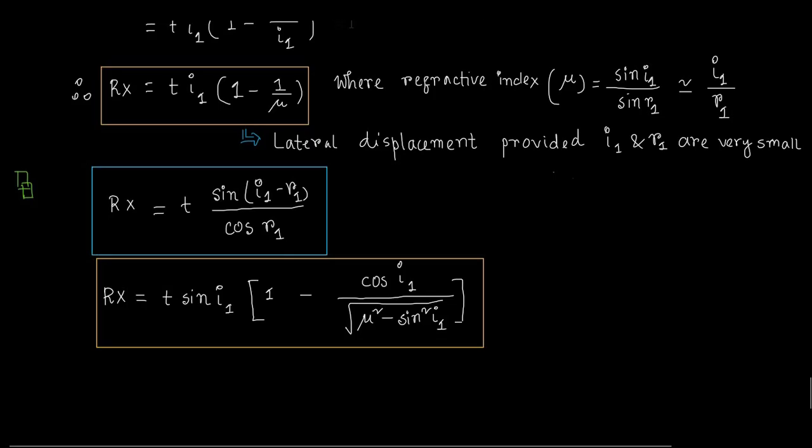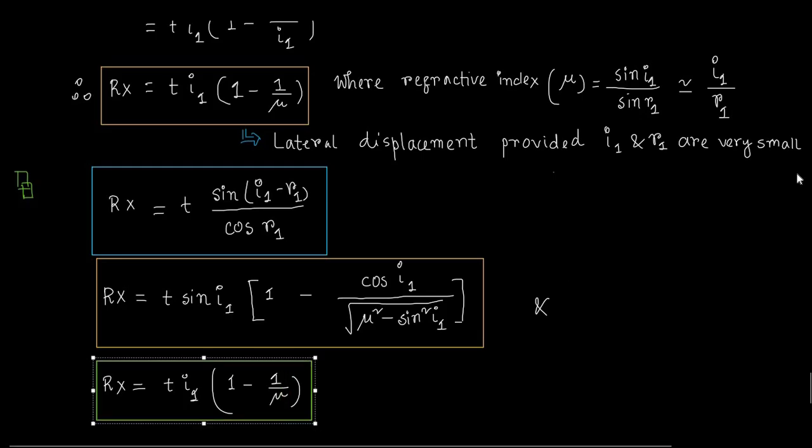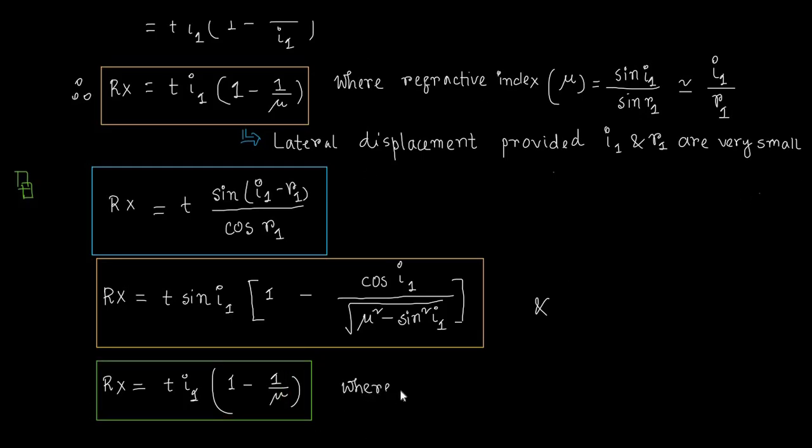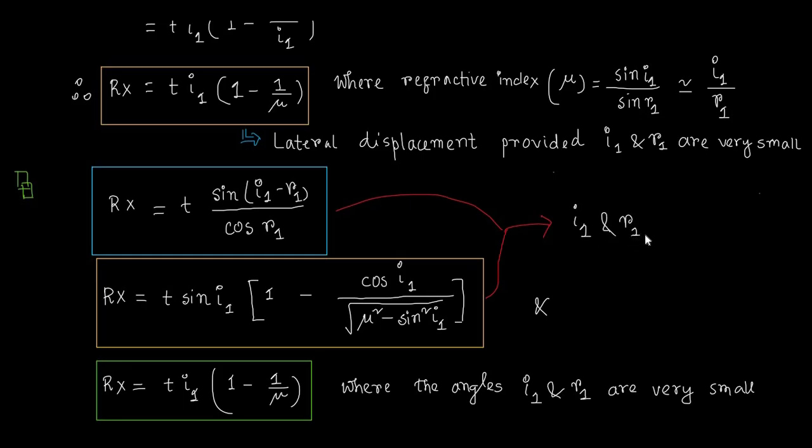And we can write down the expression of lateral displacement Rx for a special case, Rx is equal to T into I1 into 1 minus 1 by mu, where the angles of incidence I1 and R1 are very small. And Rx has mainly two general expressions, where I1 and R1 are not very small.